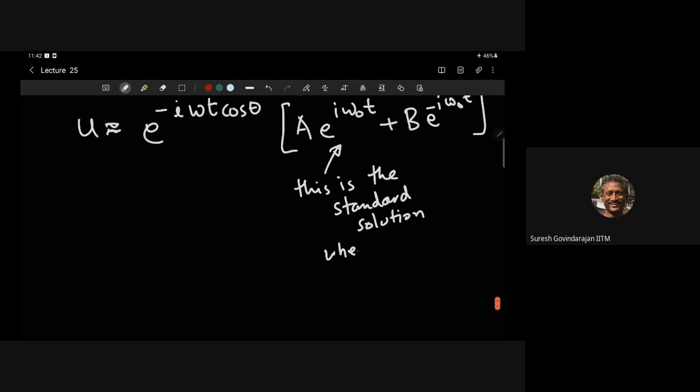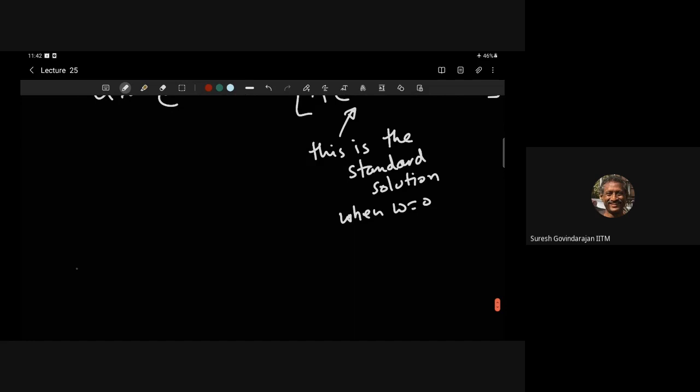When omega equals 0, that is when Earth is not rotating. So let's choose some initial conditions. A and B are fixed by initial conditions.